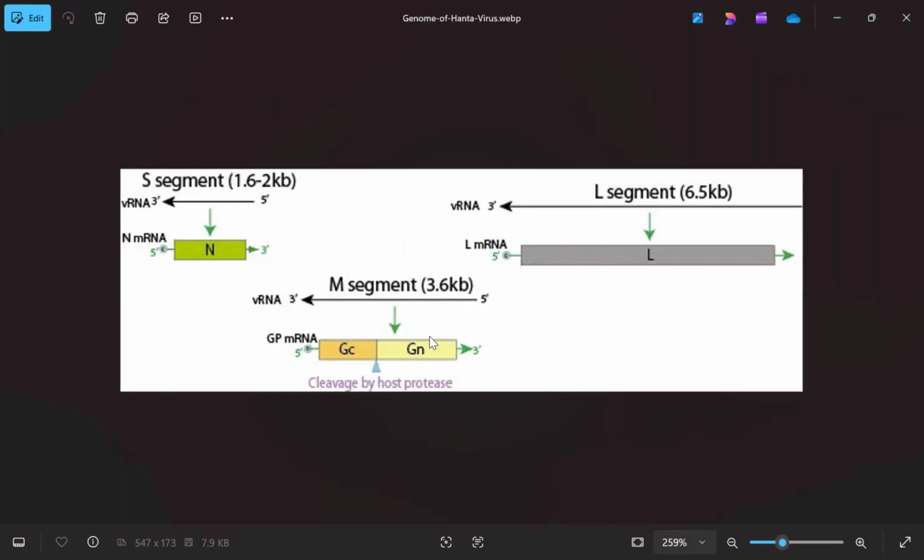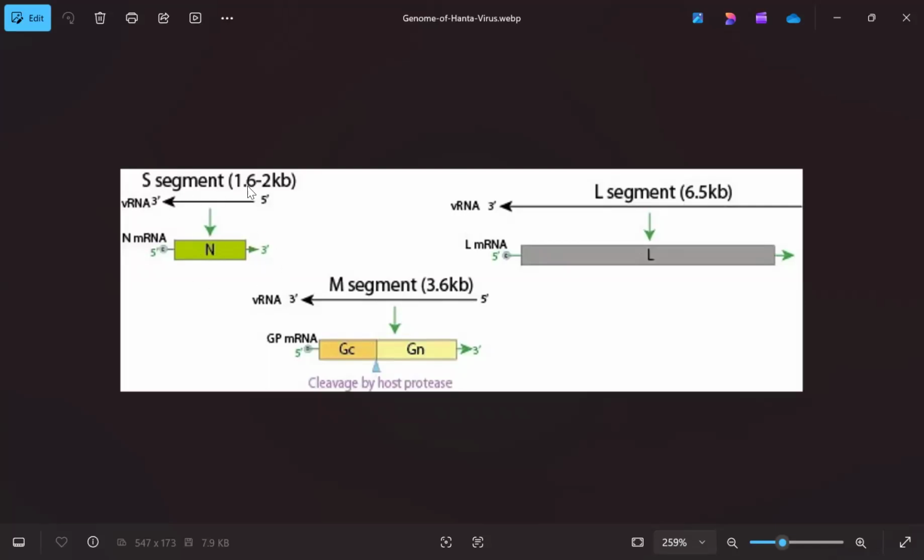Now, this is another diagram that explains a little bit of the S segment, the M segment, and the L segment. So vRNA is the viral RNA, negatively sensed, and it has to be transcribed through this transcriptase into the messenger RNA for the N protein.